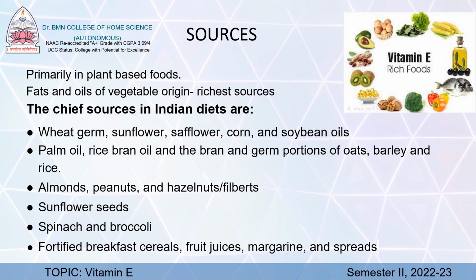Thus, fats and oils of vegetable origin are known to be the richest source of vitamin E. The chief sources in Indian diet are vegetable oils like wheat germ, sunflower oil, etc., palm oil, rice bran oil, and bran portion of other cereals like oats and barley, nuts such as almonds, peanuts, seeds like sunflower seeds, green leafy vegetables such as spinach and broccoli, and lastly, fortified food items like breakfast cereals, fruit juices, margarine, and spreads.